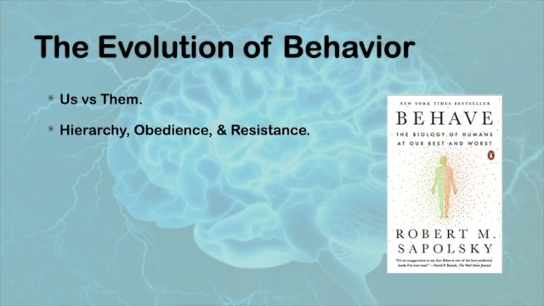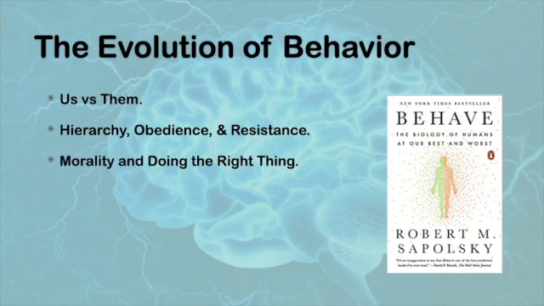Hierarchy, Obedience, and Resistance expands on the previous idea and asks if we can ever eliminate hierarchies within the same group. Here, Sapolsky is wondering, when it comes to moral decision making, when is it better to rely on intuition and when on reasoning? Here, the discussion is about empathy.